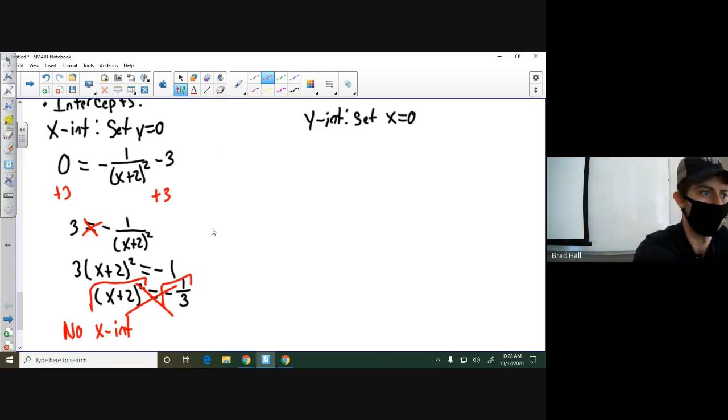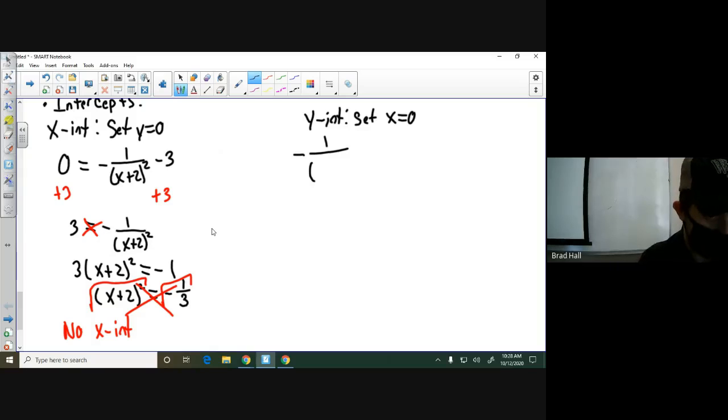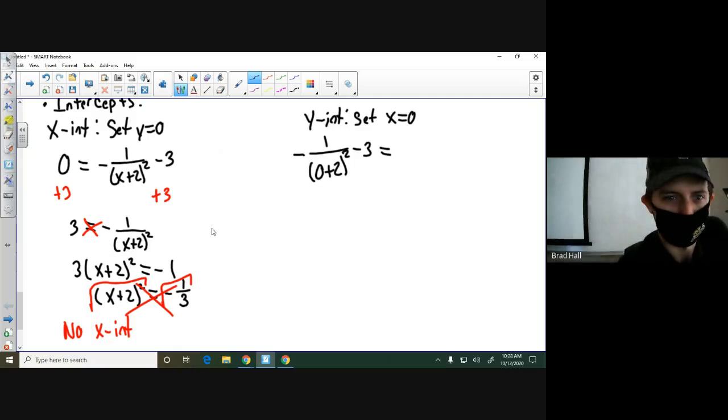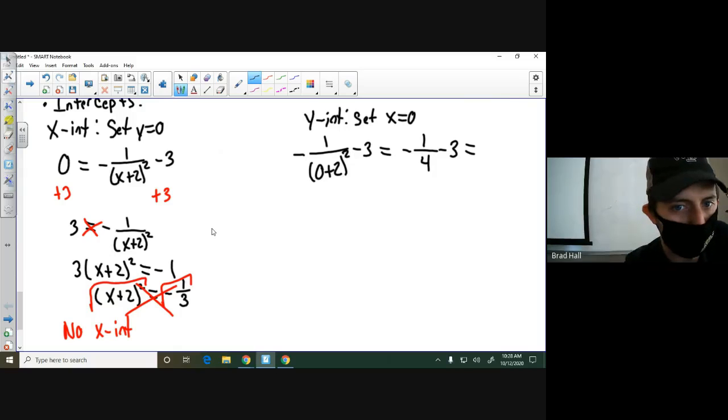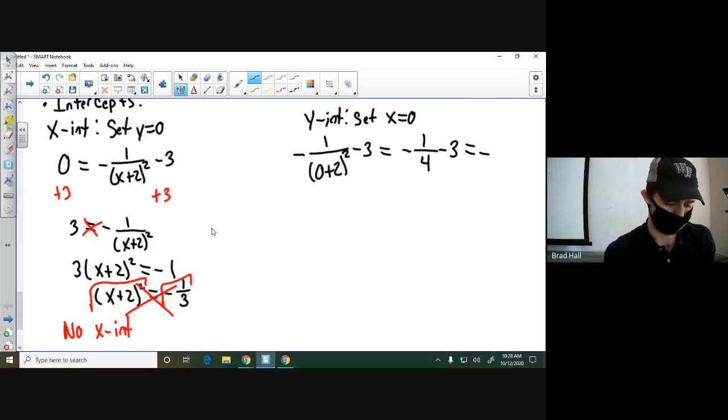So we set x equal to 0. All the x's equal to 0. This is negative 1 over 0 plus 2 squared minus 3. And we can solve this pretty quickly. That's going to be negative 1 over 4 minus 3, and that is equal to negative 3.25, which I think is negative 13 over 4.